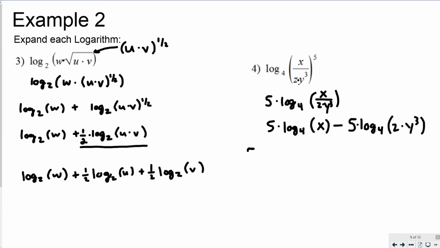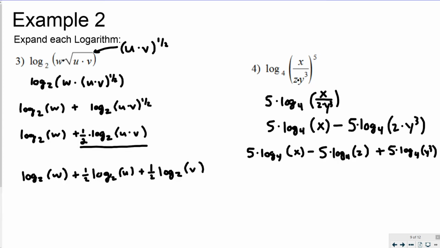So I'm going to have 5 times the log base 4 of x minus 5 times the log base 4 of z, and then plus 5 times the log base 4 of y cubed. That didn't work so well. Try it again. y cubed.